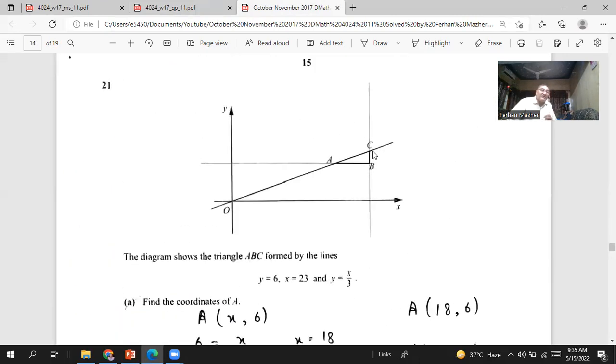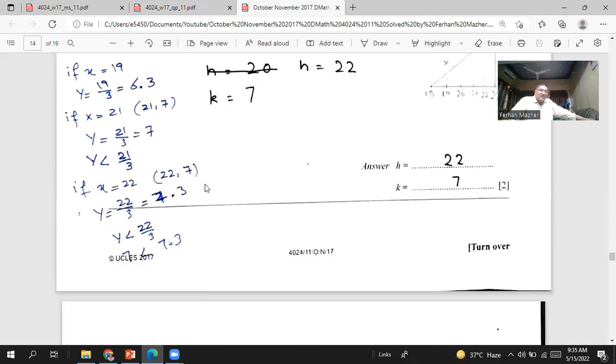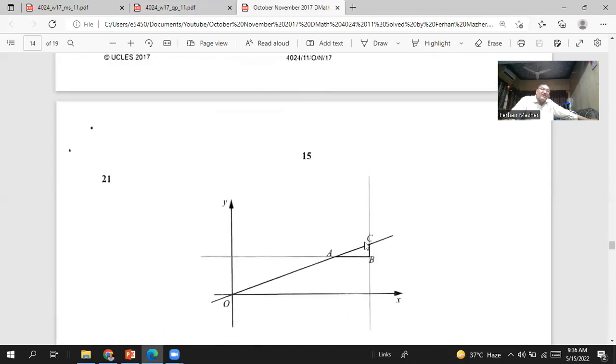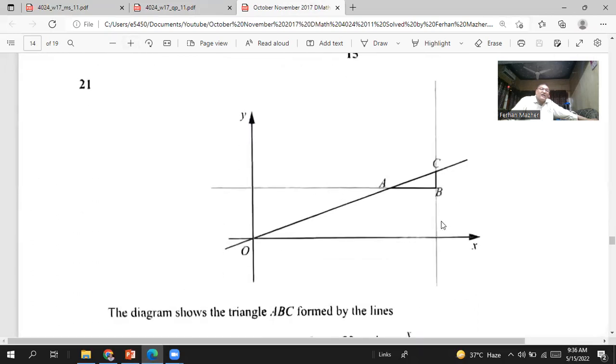If you take any y value more than 7 point something, you will go out of this AC line. So we have to take a point inside this triangle ABC, whose coordinates are integers.